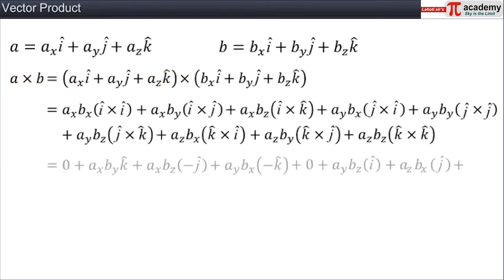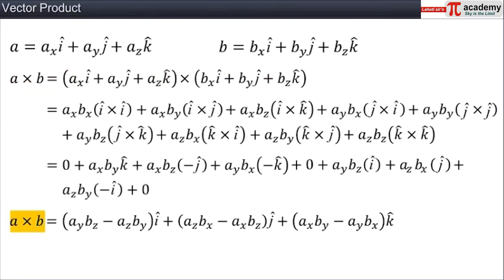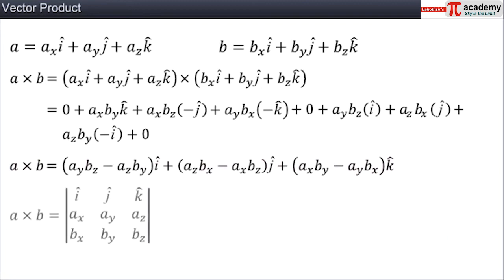Upon solving and simplifying, we get A cross B is equal to (AY BZ minus AZ BY) multiplied by i plus (AZ BX minus AX BZ) multiplied by j plus (AX BY minus AY BX) multiplied by k. In determinant form, a vector product can be represented as shown.